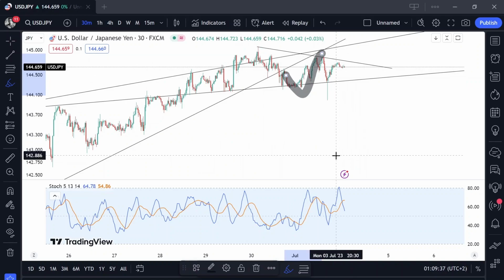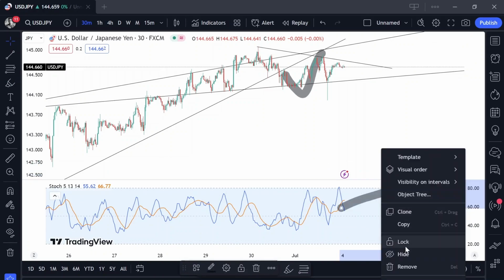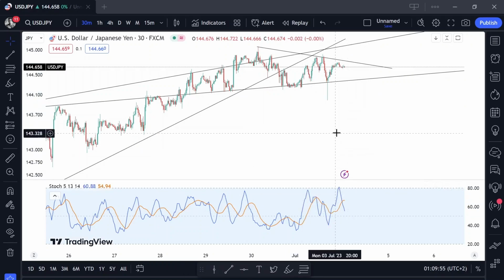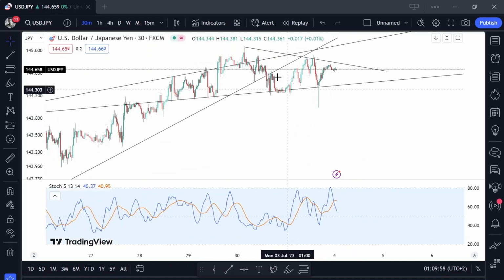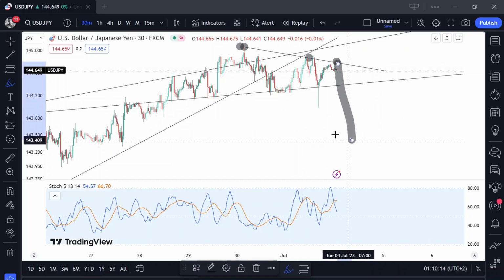So right now, remember I told you that the stochastic on level 80 means overbought, meaning that you are looking for sales. So right now I'm drawing trend lines. As you can see, this is my point A on M30, then this is my point B, then this is going to be my point C. As you can see here, there are candlestick reversal patterns. So right here, I'm looking for sales.